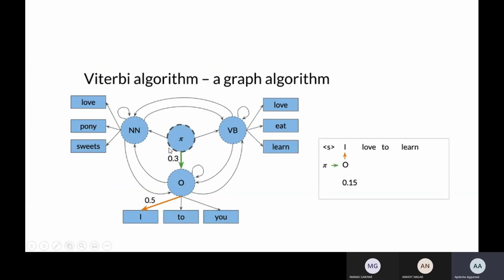Let's say, just for example, this was 0.3, which I calculate from the transition matrix, and this value I calculate from the emission matrix. Multiplying these two, 0.3 by 0.5, gives 0.15. So the chance of I appearing as the first word in my sentence, that is, moving from the initial state to my first word, is 0.15. Clear?